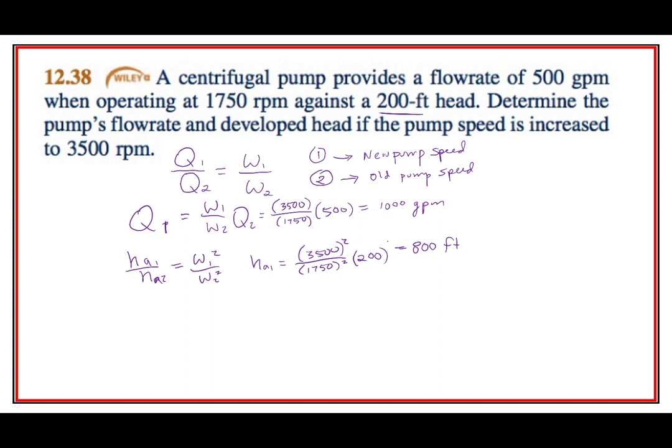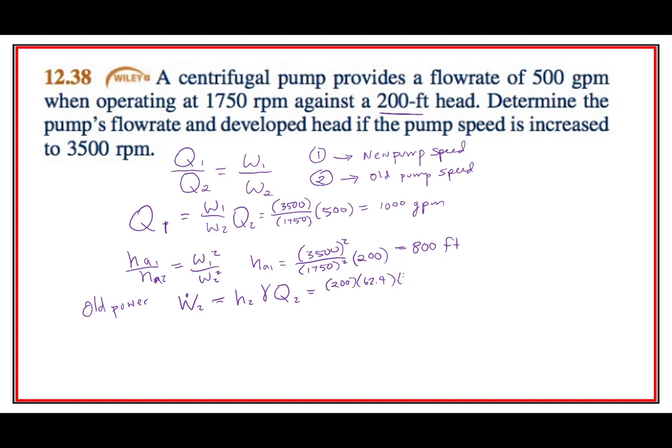And then we could find the power. Okay, so now we need the old power, which was omega, let's call it 2. It's going to be H2 gamma Q2, even though I wrote it on my page differently. So we have 200 feet times 62.4 for this specific weight, and then times the flow rate of, oh, I need to convert this.